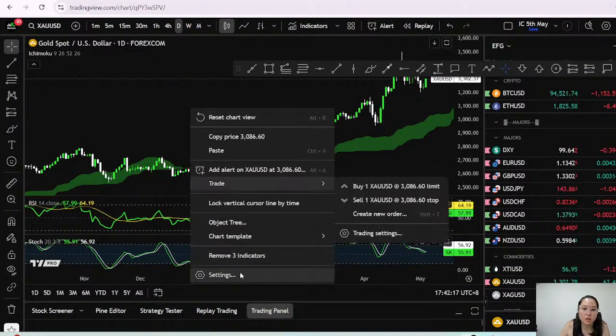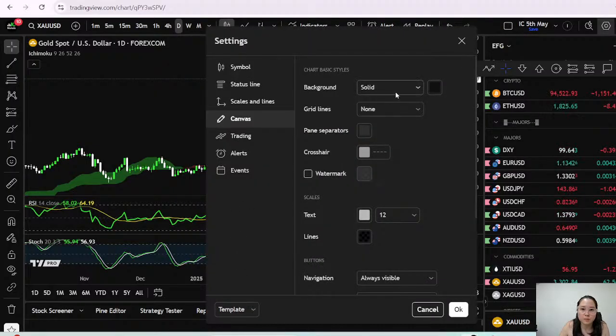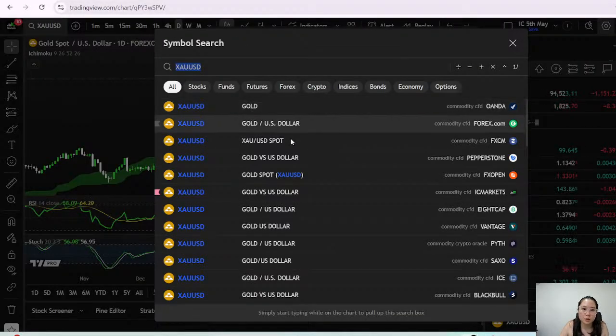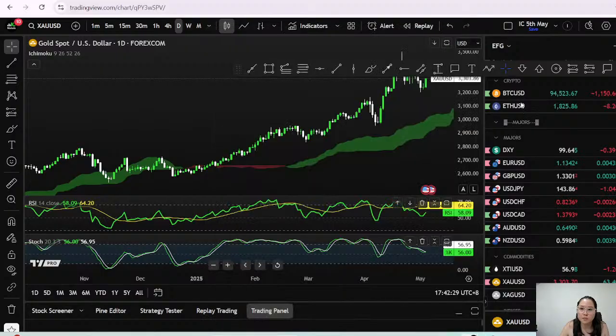Give me a sec. This chart is too much for me. Let me change everything. Actually, let me not change everything in case someone gets upset that I change their settings. Give me like 1 minute to pull out a clearer chart for you guys. I think this is a little bit messy. Sorry, guys.